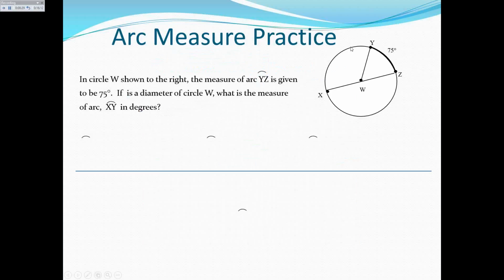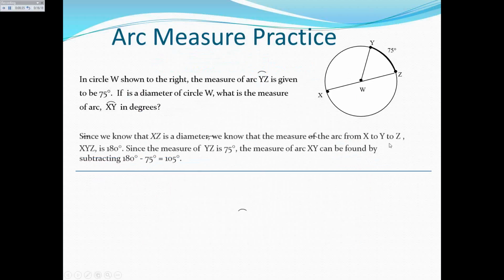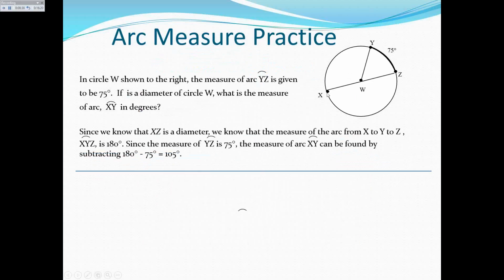Right here. That's the one we want to know. How long is that arc? Well, we already know that XZ is the diameter, and that's 180 degrees. It's a semicircle. We were told that this much of it was 75.